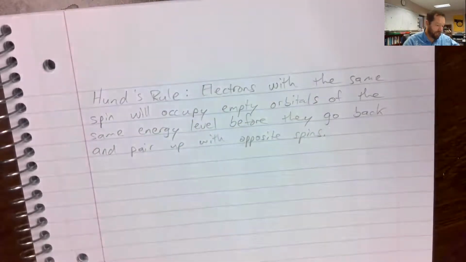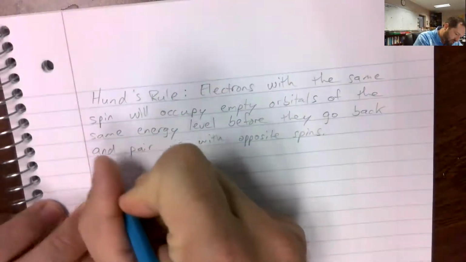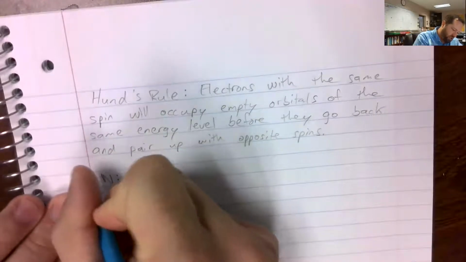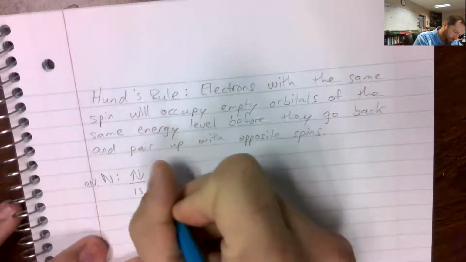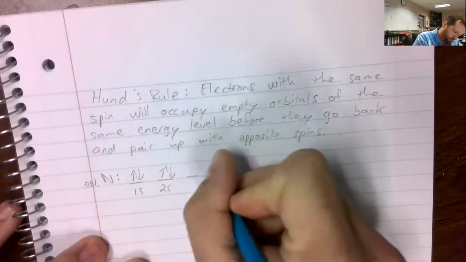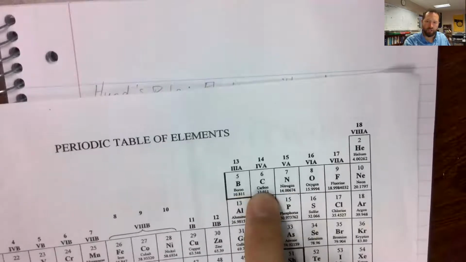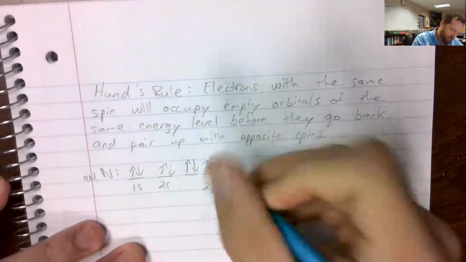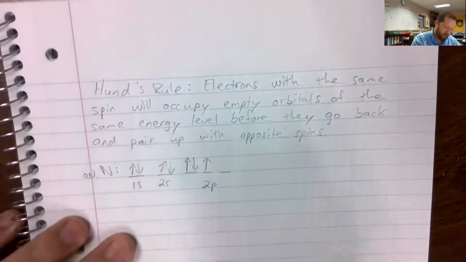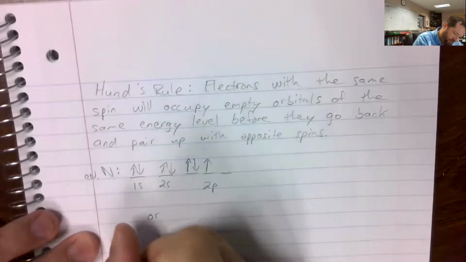So what that means, actually, I think I have to do two different examples here to get this one out. So I'm going to do orbital notation, and that's the arrows for nitrogen. So here's nitrogen, he's in the 2p. He's three elements in, so that means he's going to get three arrows. So our first violation looks like this here. You probably already recognize that. Or another violation, again, take a look at nitrogen again.